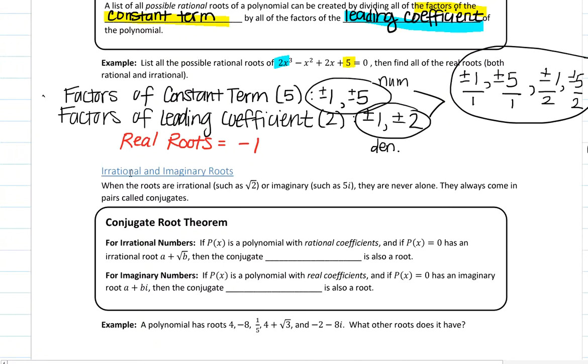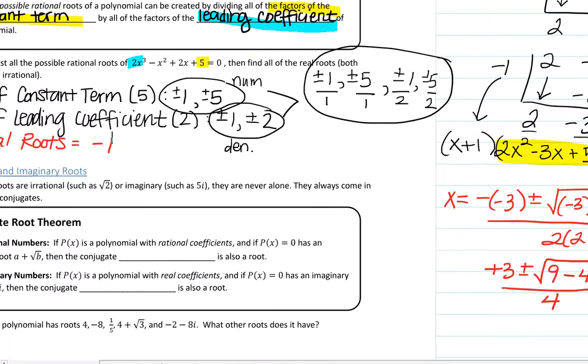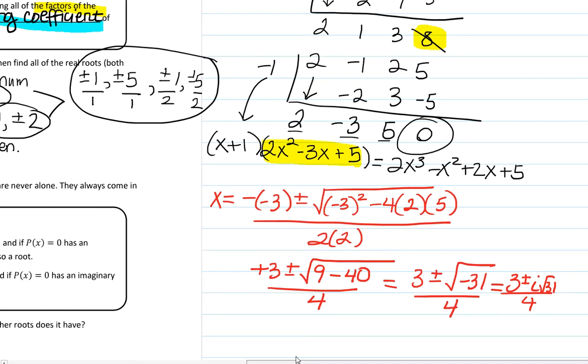So that brings us to something that happens a lot, where we get imaginary or irrational roots. Irrationals are like the square roots that don't simplify when you use the quadratic formula like this.